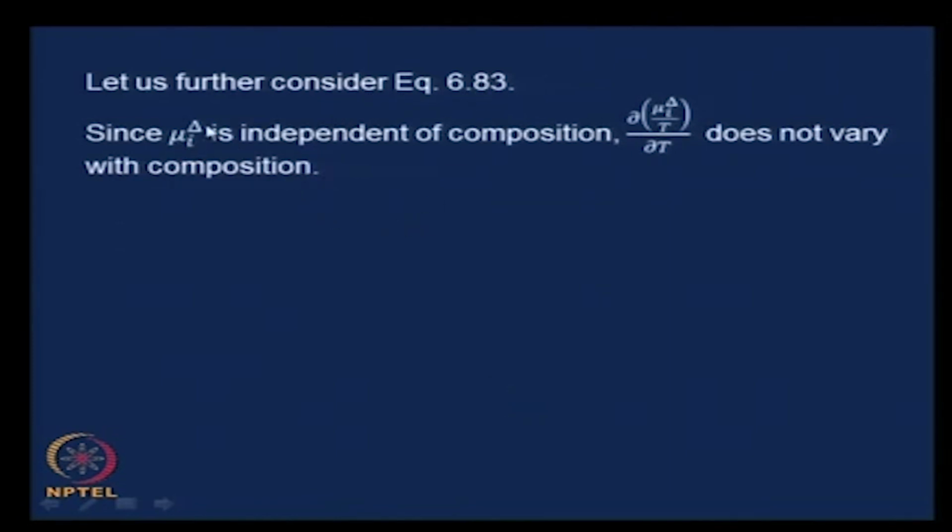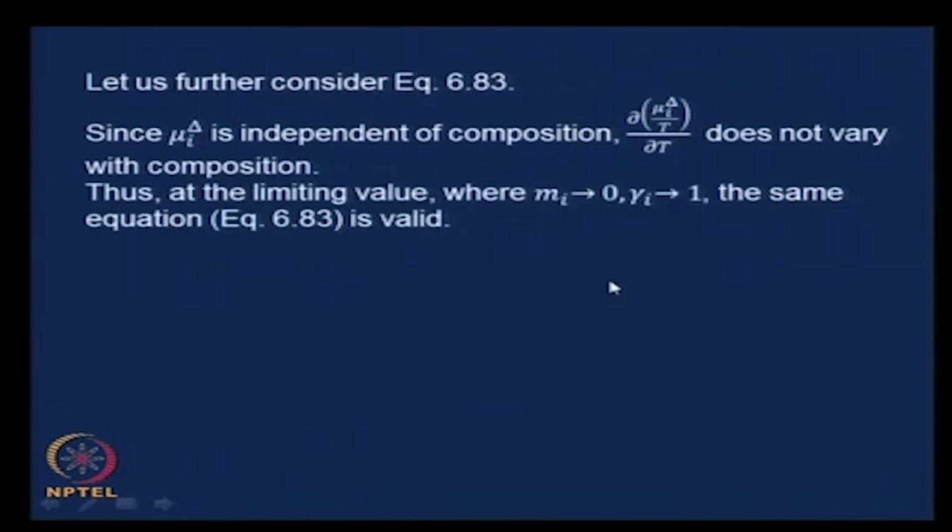Note that mu_i triangle is not dependent on composition, therefore dou/dou T of mu_i triangle by T does not vary with composition. Follow this argument a little carefully, we have done this argument earlier too. At the limiting value where the molality has gone to 0 and gamma_i has gone to 1, the same equation 683 is valid. So it does not depend on composition, therefore this equation must be valid even under these limiting conditions of infinite dilution.